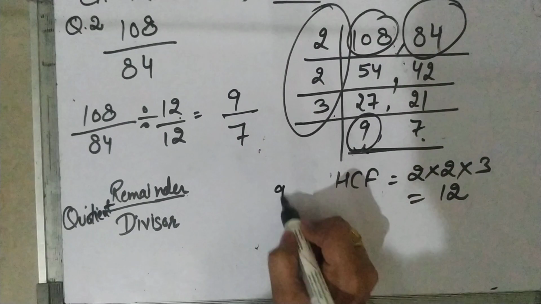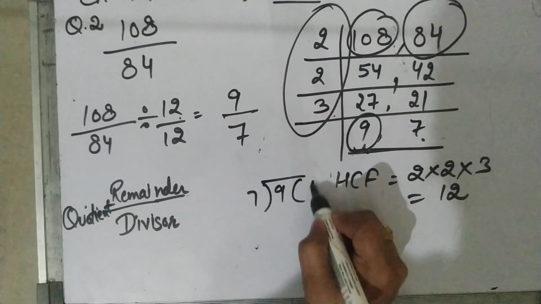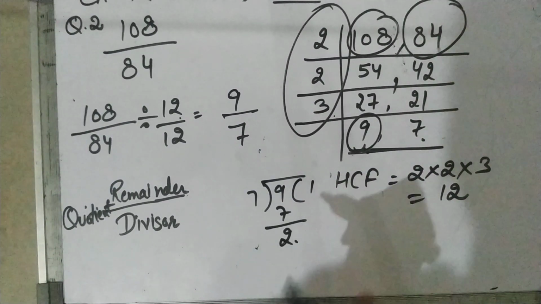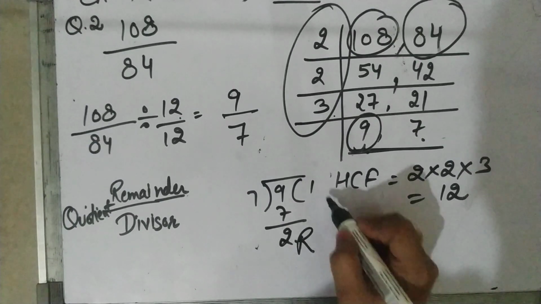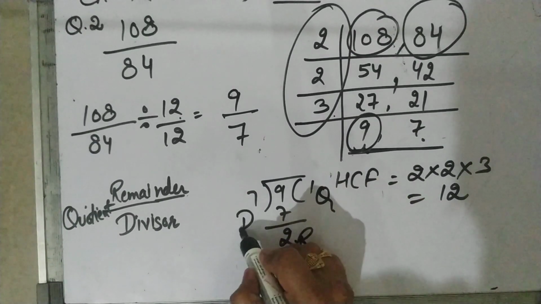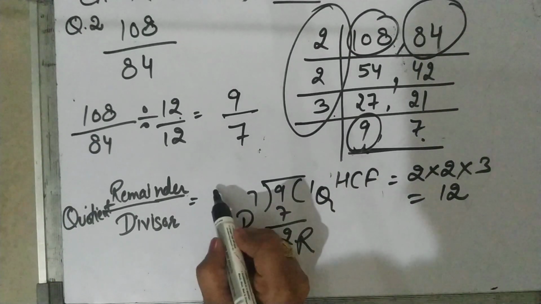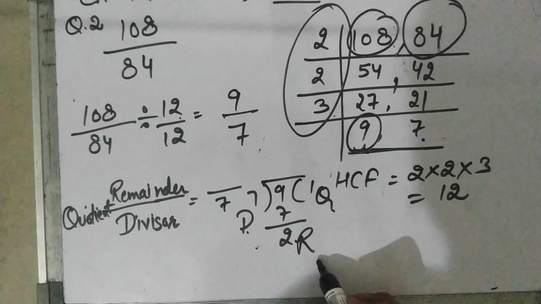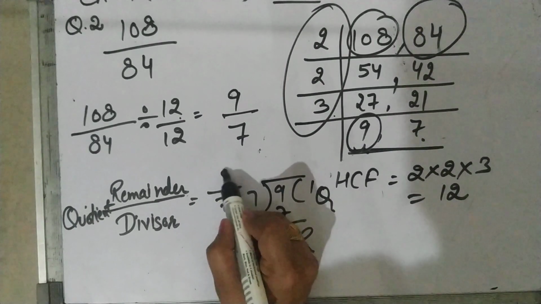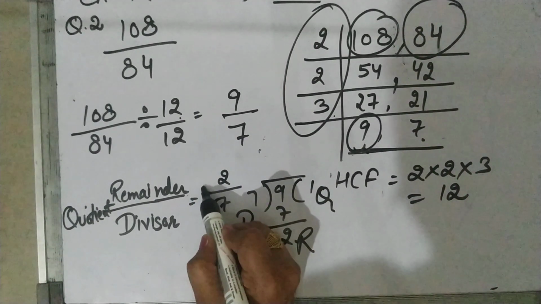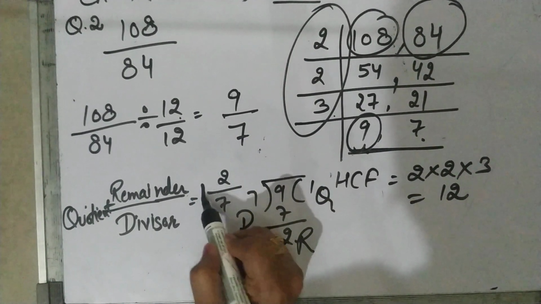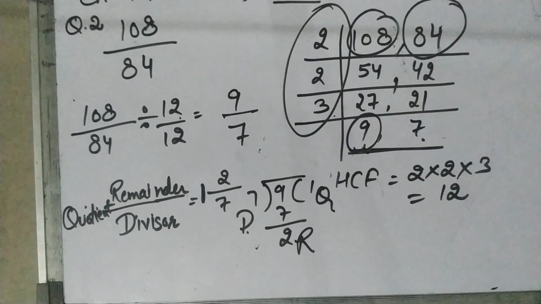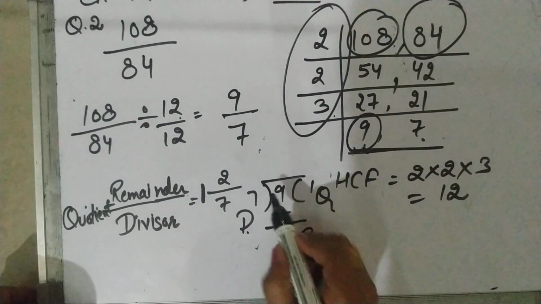So divide the numerator by the denominator first. 7 1s are 7. Getting remainder 2. This is your remainder, this is your quotient and this is the divisor. Now in the denominator the divisor, in the numerator the remainder, and on this side the quotient. You have to write the quotient in front of this fraction. Okay, so this is the answer.